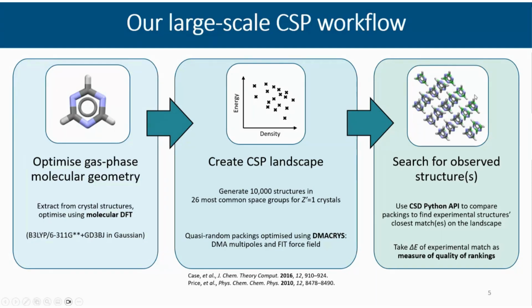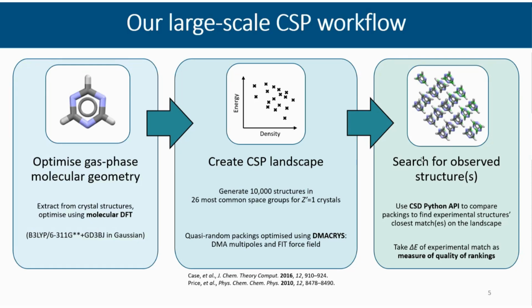And so once we've done that and we've got our crystal energy landscapes with our optimized structures, we then search for the observed structures, the ones that exist in the CSD, on our CSP landscapes. We do this by using the CSD's Python API to find the closest geometric matches to the experimental structure within our CSP landscape.